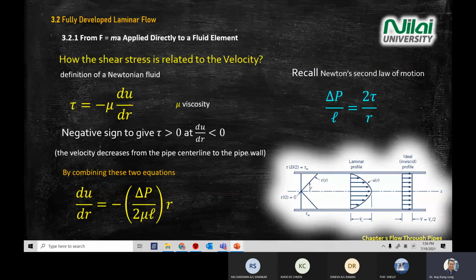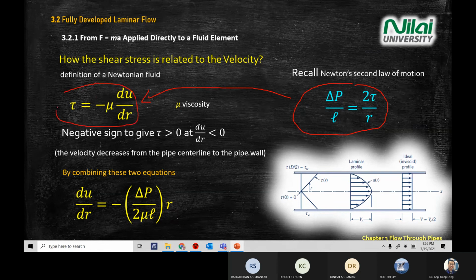So combine the two equations. You combine this one into this one. Okay, you rearrange the equation.